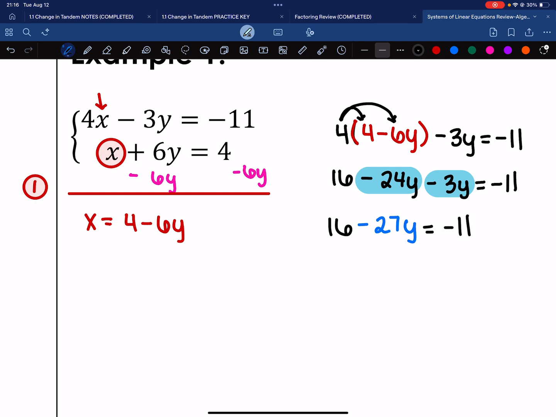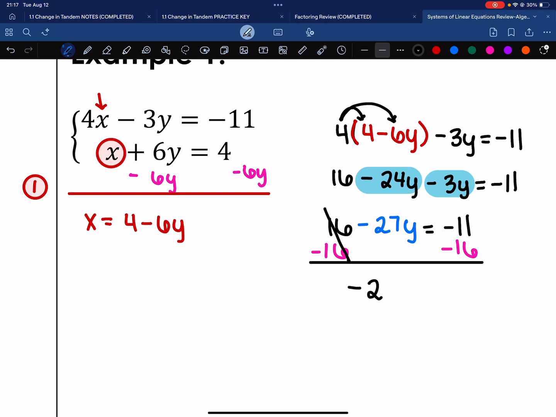And now we can move the 16 to the opposite side by subtracting. If there's no sign in front of it, then you do the opposite by subtracting. If there's a sign in front, you do the opposite, which is usually adding. Okay? So what you do to one side, you have to do to the other side, because you do have to keep everything balanced. These are going to cancel out.